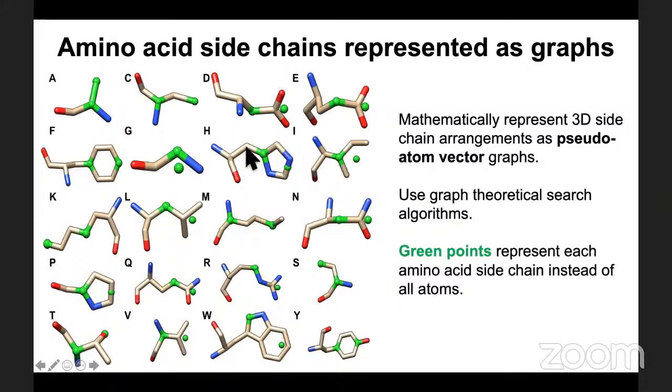Instead of representing all the atoms, we only select representatives, and therefore these are pseudoatoms for that particular residue. And we call them pseudoatom vectors because they have direction. Okay, so this will have a direction. And we can then use this to represent the amino acid side chains instead of an all-atom representation.